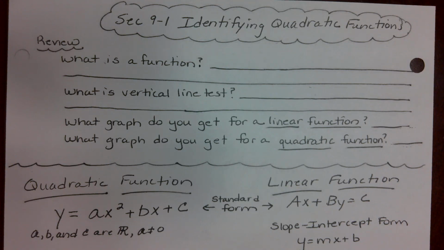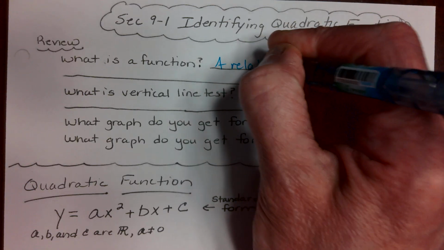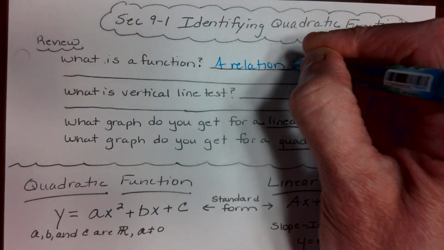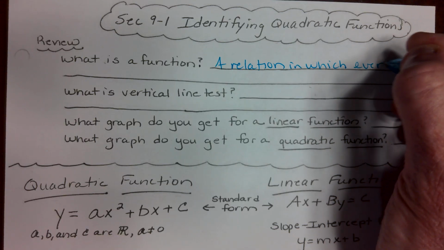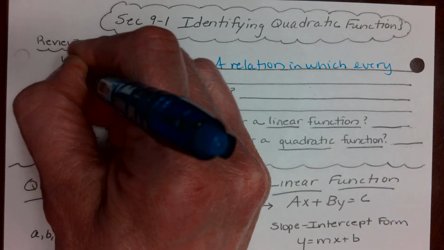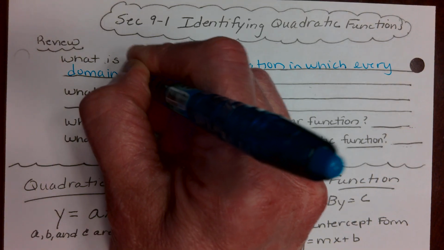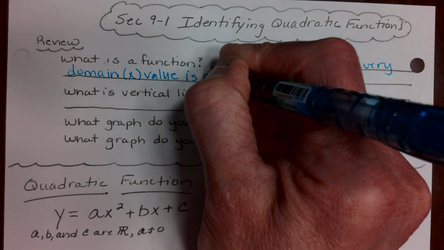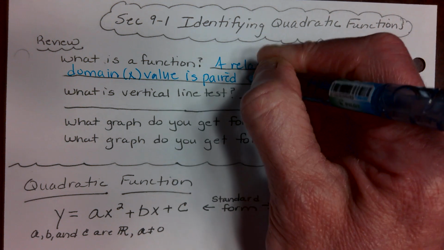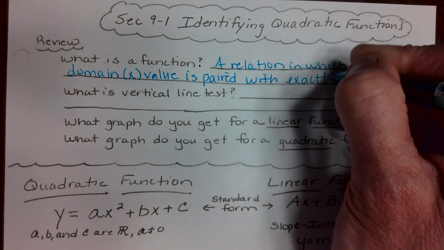So what is a function? Let's just get that back down here so we know. It's a relation in which every domain, which again is what? Yep, the x values, is paired with exactly how many?